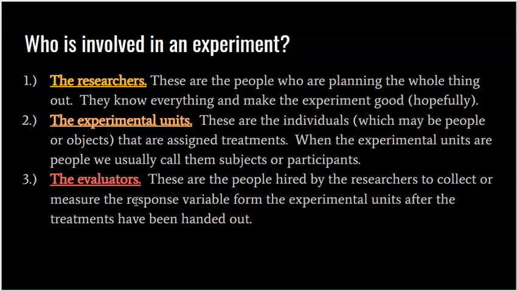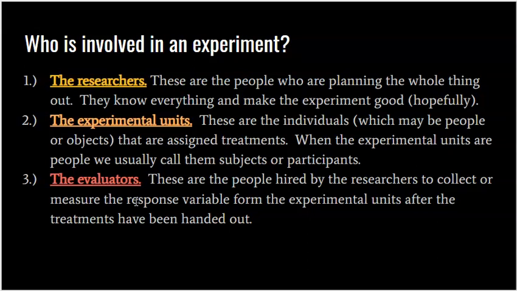Now the evaluators are a part of the research team, but the evaluators are people that are hired by the researchers to collect or measure the response variable from the experimental units after the treatments have been handed out. So whoever's actually going to measure or evaluate the response are your evaluators. Now the reason why I don't lump them into the researchers is because usually we want the evaluators to be independent of the researchers.